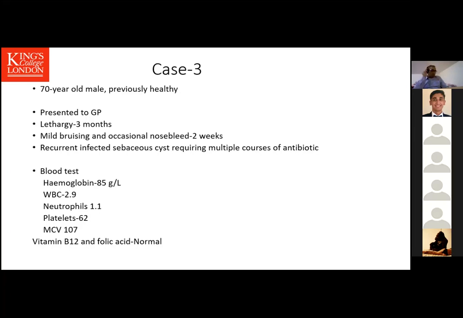So one of the commonest causes of macrocytic anemia or macrocytosis is megaloblastic anemia, which is because of vitamin B12 and folic acid abnormality or reduction. So that is normal. So that means we have ruled that out. So why is the MCV high? This condition, which I'm going to describe, particularly presents with high MCV.